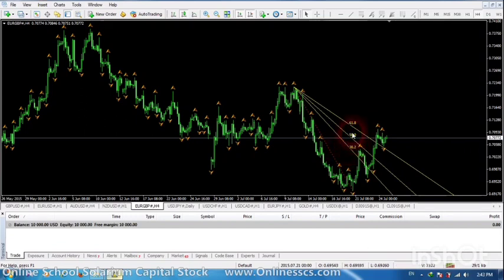You have three Fibonacci resistances, 38, 50, and 61 level. And if your 38 level is broken, you can take a buy order up until the 50 level. And after that, if it's not broken, you can do a sell order and close it at your 38 level.